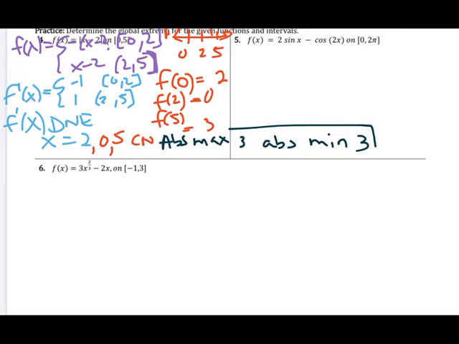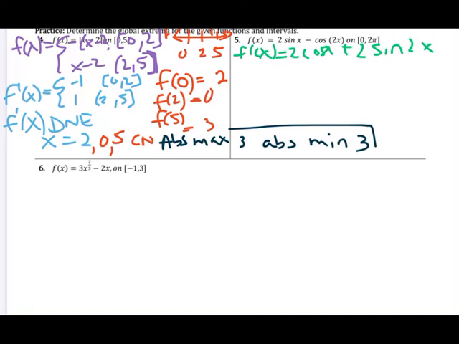Okay, let's go ahead and look at number 5. So that is continuous along the interval that we're looking at. We're going to take the derivative. That's going to give us f prime of x is equal to 2 cosine of x plus 2 sine of 2x. There's a little chain rule action happening there.